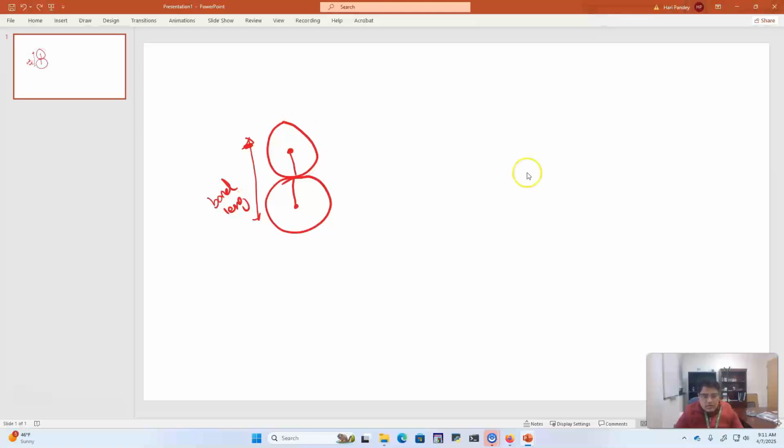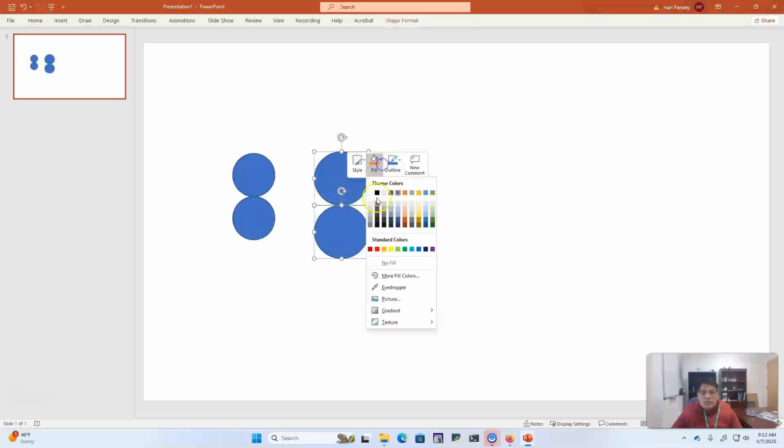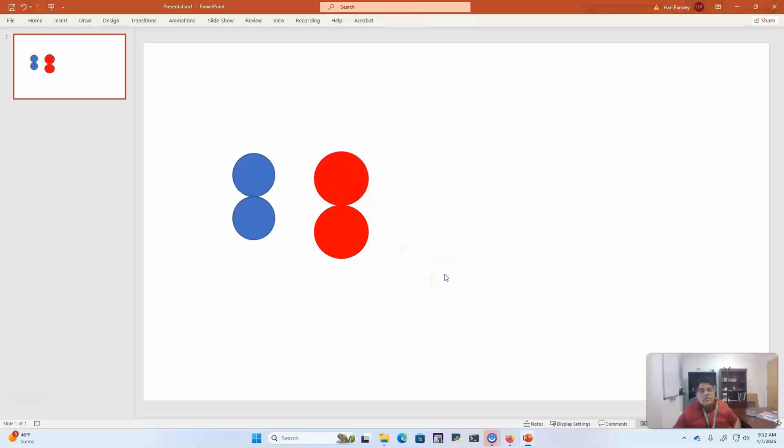Let me make a slightly better drawing. Now let's say you have another molecule here, and let me make these two a little bigger and change the color so they look good.